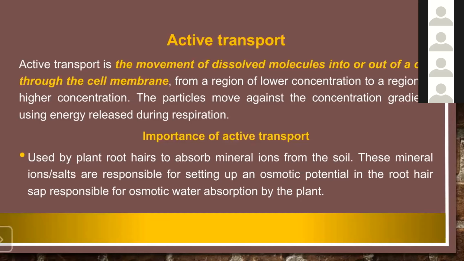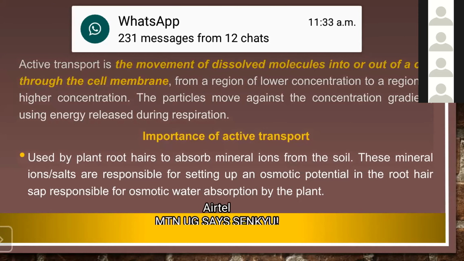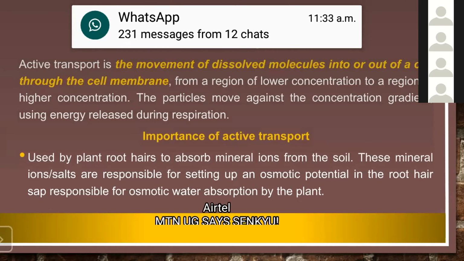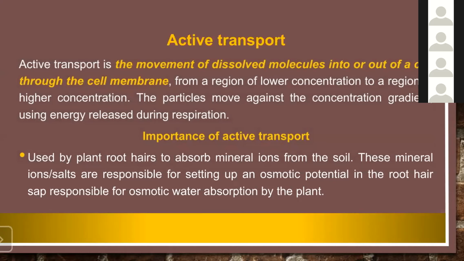Okay, so important in the definition: movement of dissolved molecules from a region of lower concentration to a region of higher concentration through a semi-permeable membrane. Most importantly, it involves the use of energy. So the use of energy, the direction of movement, and the concentration difference should be brought out in your definition.